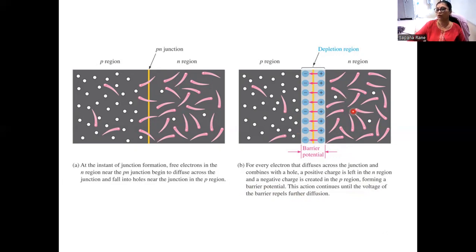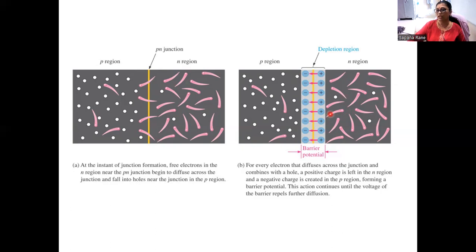So overall, in summation, when the PN junction is formed, the electrons from the N region diffuse to the P region, recombine with the holes in the P region, and form negative charges on the P side near the junction and positive charges on the N side near the junction.